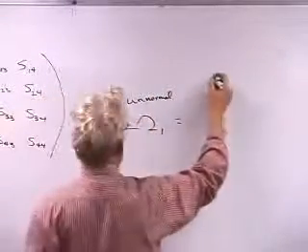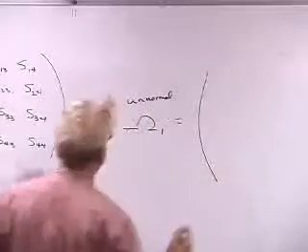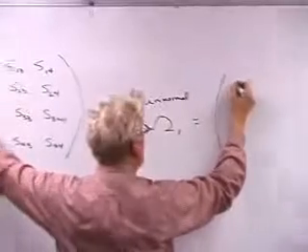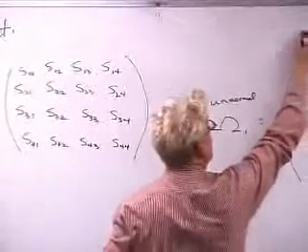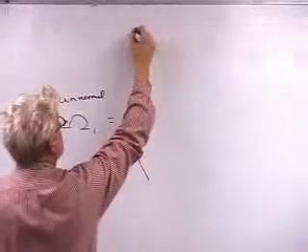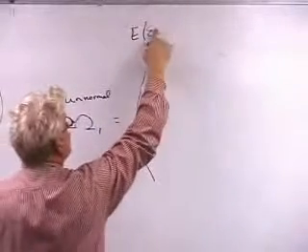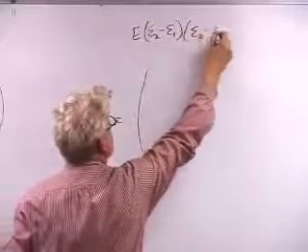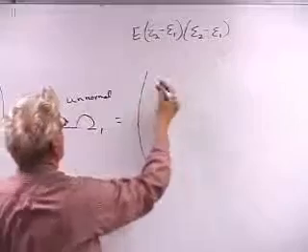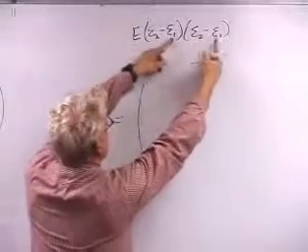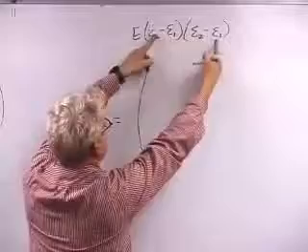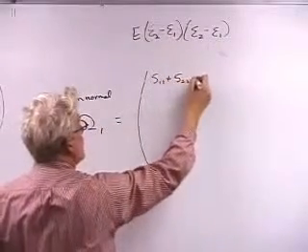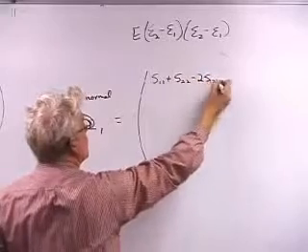What's that going to be? It's 3 by 3 instead of 4 by 4. The first element is, each element here is the expectation of epsilon 2 minus epsilon 1 times epsilon 2 minus epsilon 1. That's this element here. So that has that squared plus 2 times covariance. It's S11 plus S22 minus 2 S12.